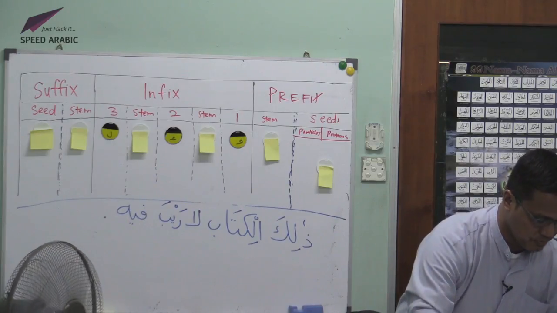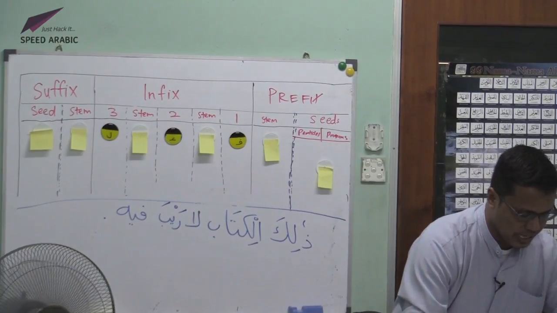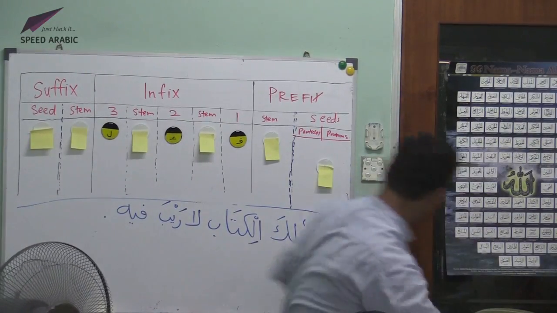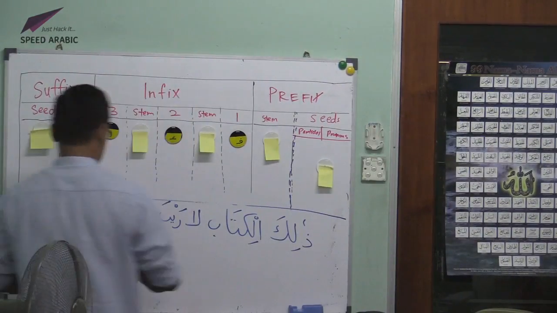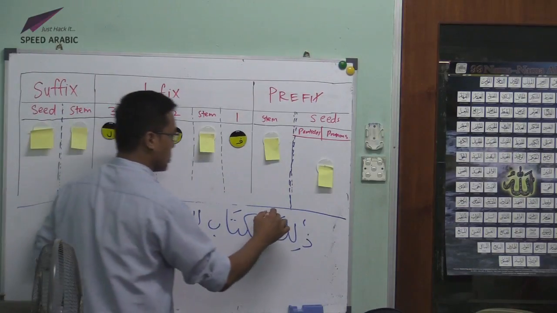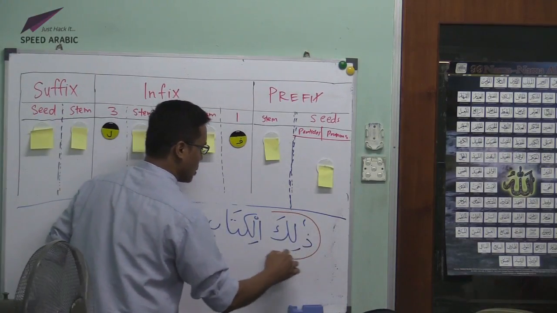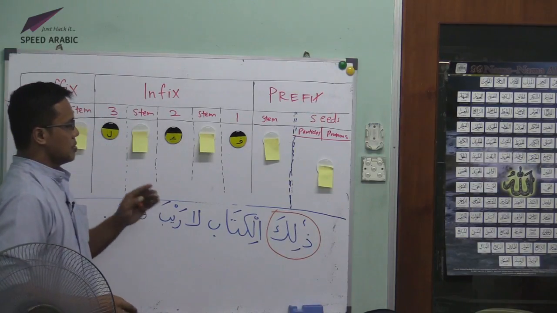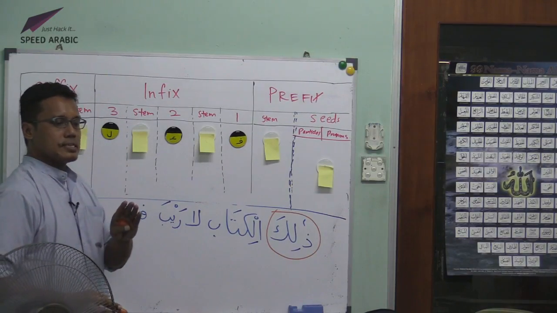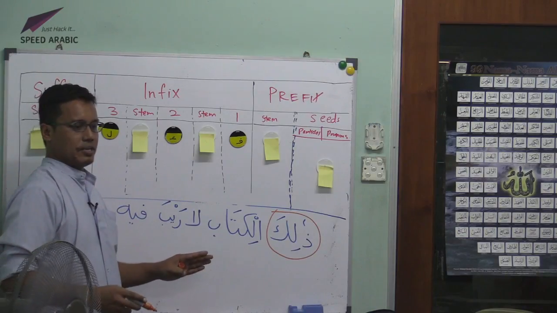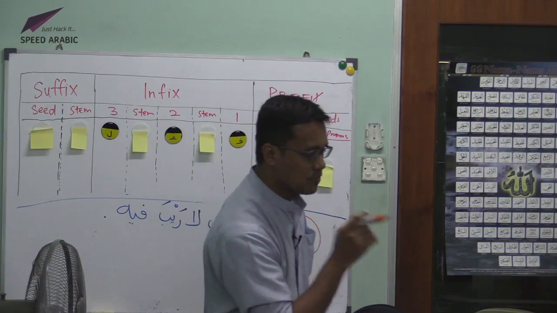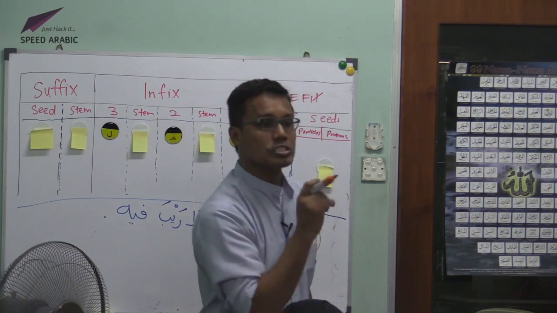What do you do? First, you see dhalika as a word. For beginners, you don't need to typify. You just do what the paper says, refer to seeds.